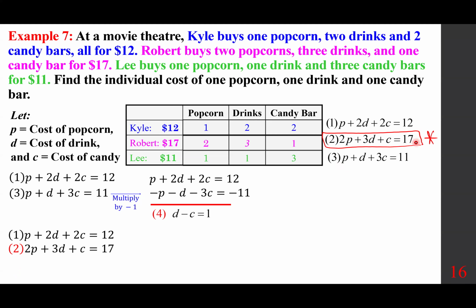Otherwise, it will not be correct. So this, we are not going to change it. This one, we're going to get rid of the P, the same variable that we got rid of here. So we multiply this one by -2. So we get minus 2p minus 4d minus 4c equals minus 24.